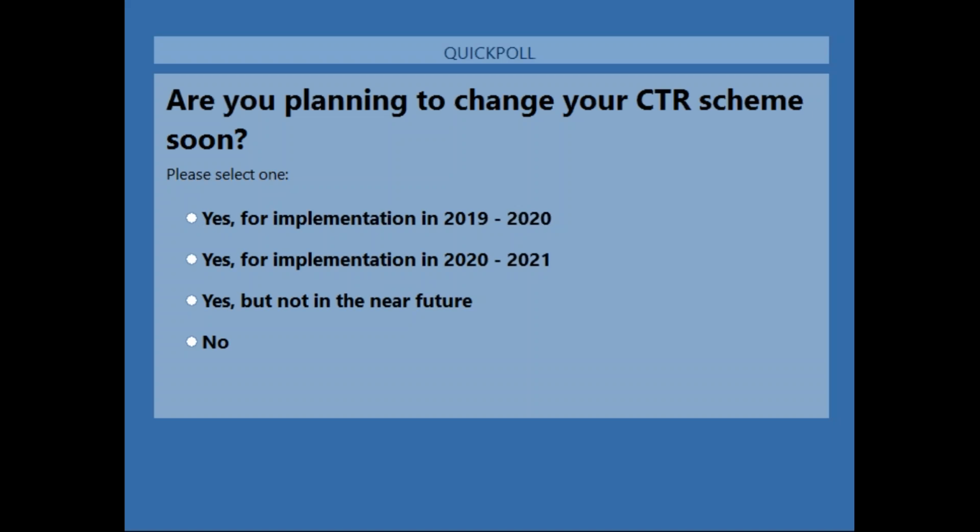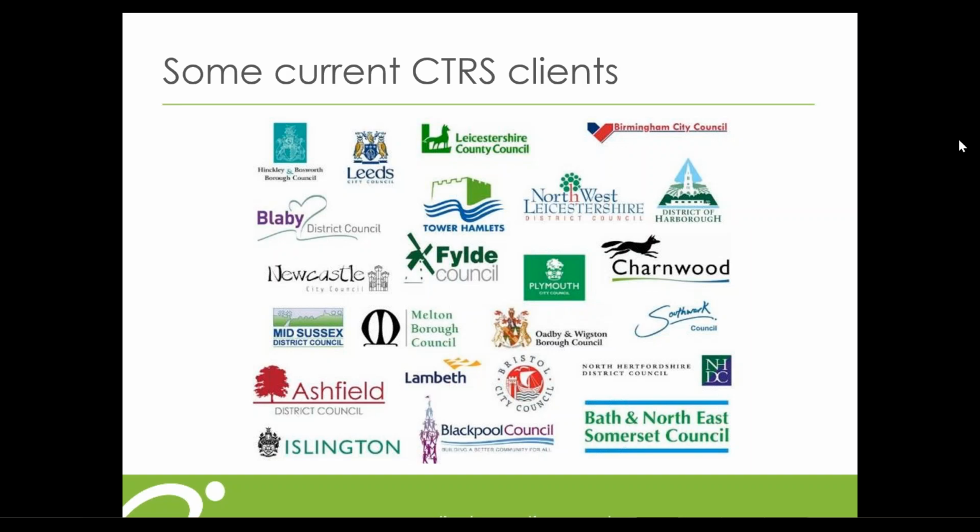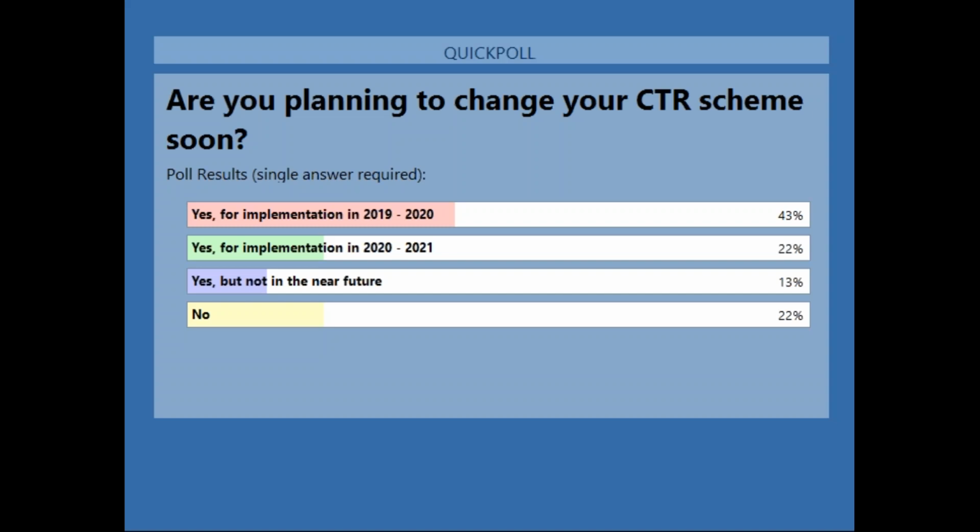So for them to come back and ask for a little bit more information on a particular scheme or to do a tweak. So mostly for 1920, but increasingly 2021 as well. And there have been a few councils we've worked with in the past that wanted modelling for this year, so 17-18. I know of one in the southwest, for example.